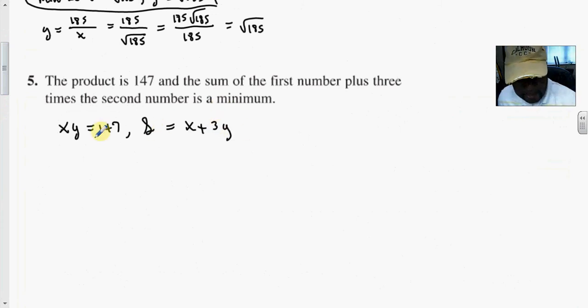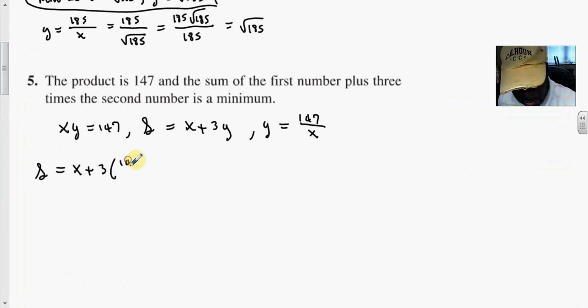How about that? So from the first equation, the secondary equation, y is equal to 147 over x. So we get here, this special sum is x plus 3 times 147 over x.